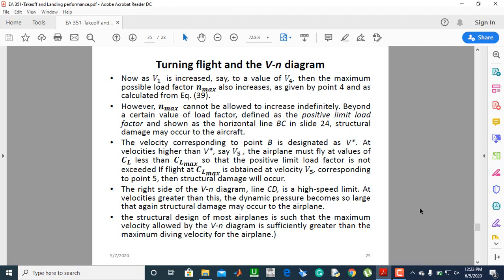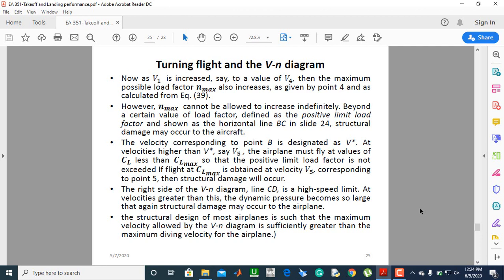At velocities higher than V star, say V5, the airplane must fly at values of lift coefficient less than the maximum lift coefficient, so that the positive load limit is not exceeded. If flight at the maximum lift is obtained at velocity V5, then structural damage occurs. So I've already explained this part.